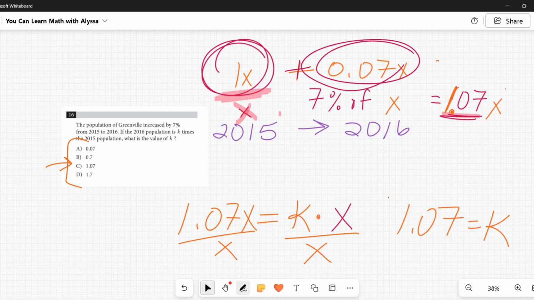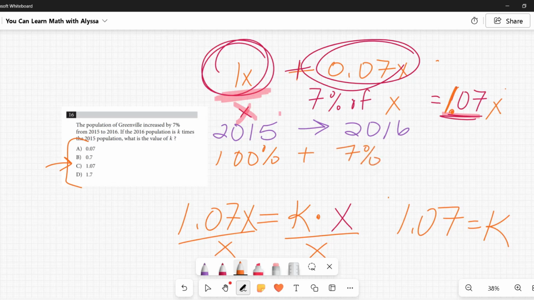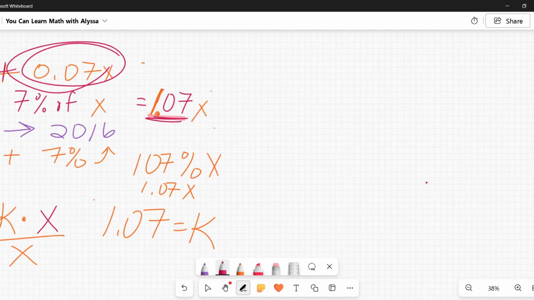So if it's 100% of that 2015 population plus 7% more to get to the 2016 population, it is 107% of the original population, or 1.07 times that original population. However you want to look at this, however you get to the right answer, use what makes the most sense. The answer is C, 1.07.